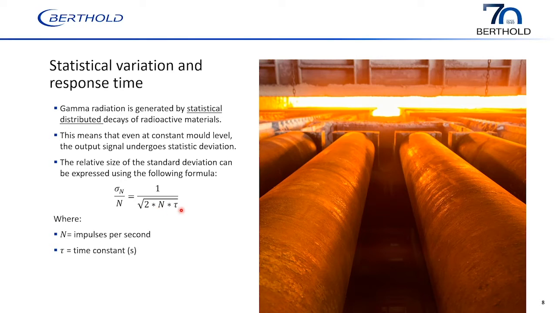That means when these two factors are getting bigger, our relative standard deviation will decrease. So more counts per second and a longer time constant will decrease our relative standard deviation. In other words, many pulses and a long time constant will give us a smoother mold level signal.